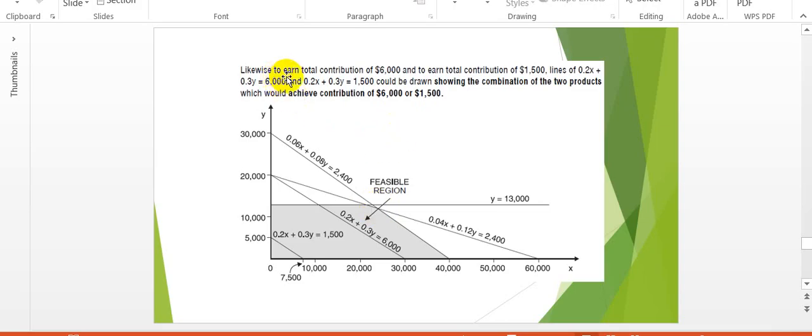Likewise, for a total contribution of 6,000 and a total contribution of 1,500, lines of 0.2x plus 0.3y is equal to 6,000, and 0.2x plus 0.3y is equal to 1,500 could be drawn, showing the combination of the two products which could achieve 6,000 or 1,500.